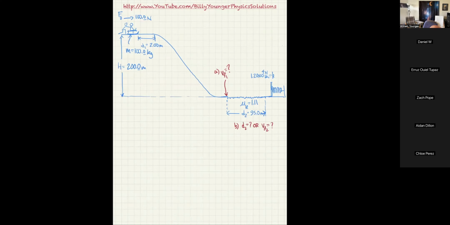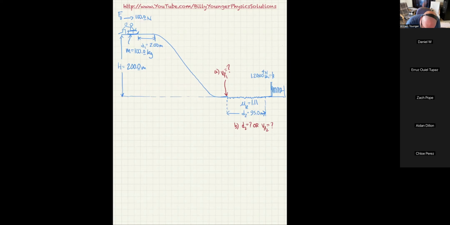So what I mean there is when we push this child, he's going to go down the incline and speed up because he's going downhill, and he's going to reach some higher speed VF1 just before he goes into the rough patch. Now, that rough patch might be enough to bring him to a stop, in which case I want to know D2. But if D2 is not enough to bring him to a stop, then I want to know what his velocity would be when he leaves the rough patch.